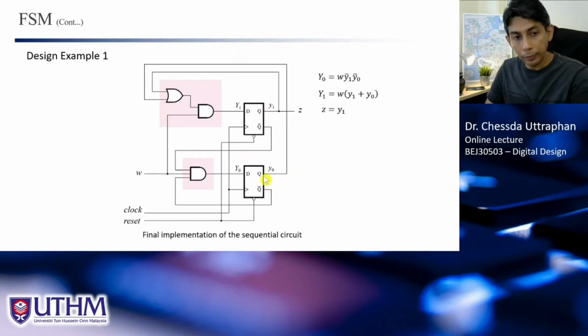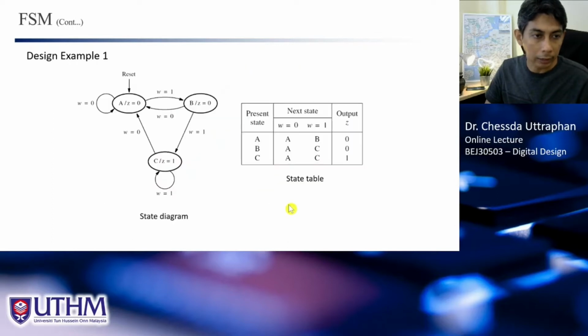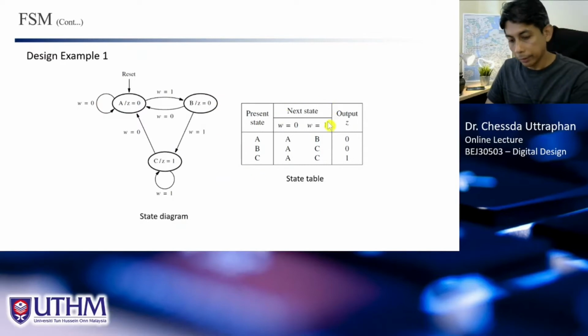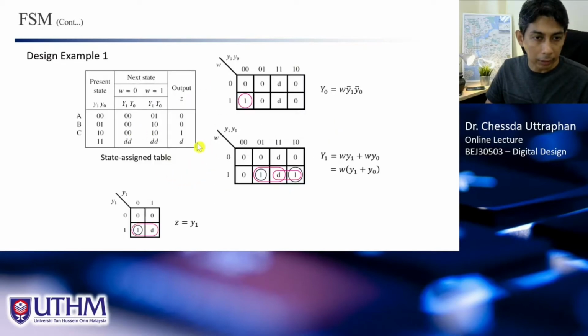But if we have the Verilog, we can write the code using behavioral modeling such that the circuit that we want to create behaves just like this, without the need to create the state table, the state assigned table, and to derive the equation here.